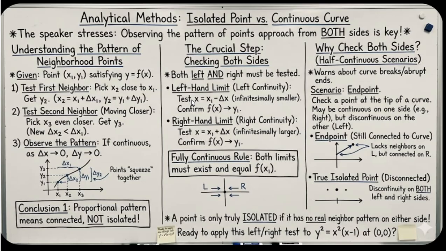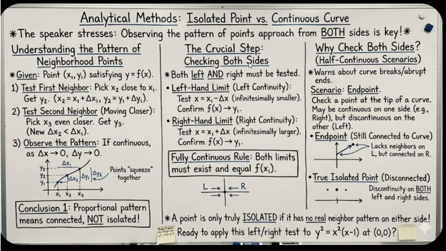If you take x1 minus delta x, meaning we choose the left point of the x coordinate, then the y coordinate, y equal to f of x, should tend to y1. For example, we have the point x1, y1 which satisfies the equation y is equal to f of x.